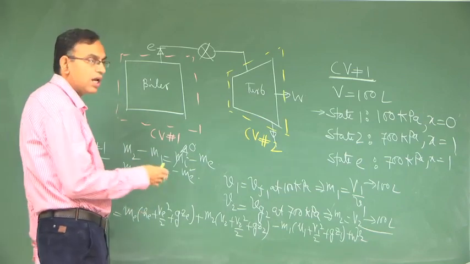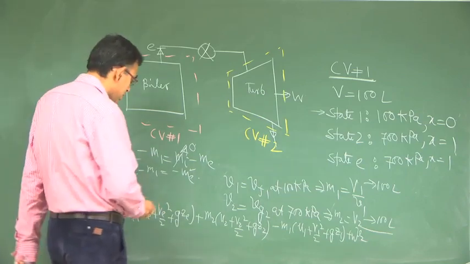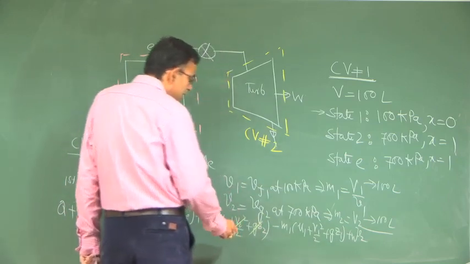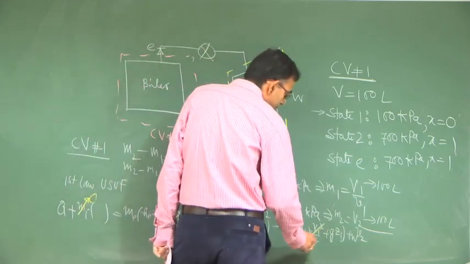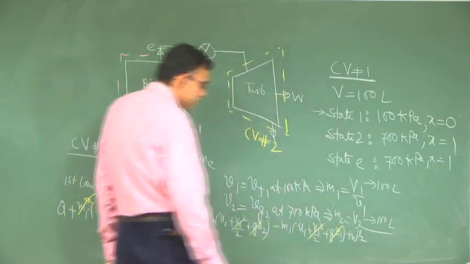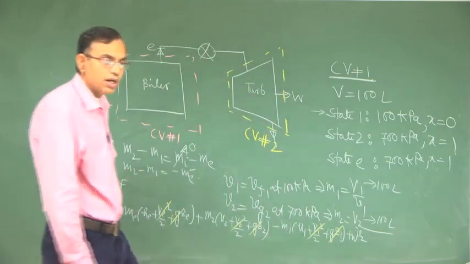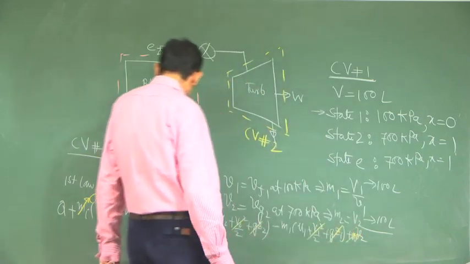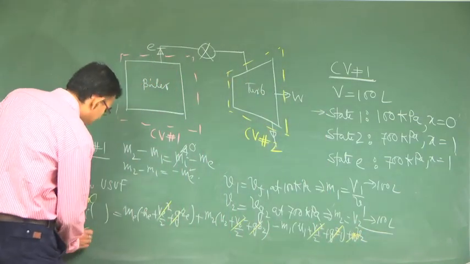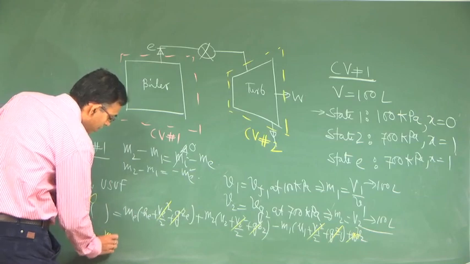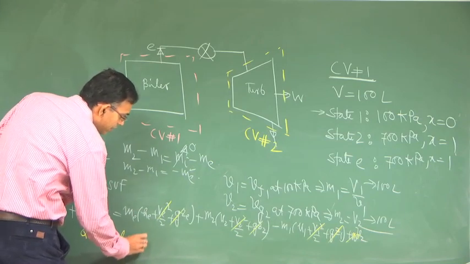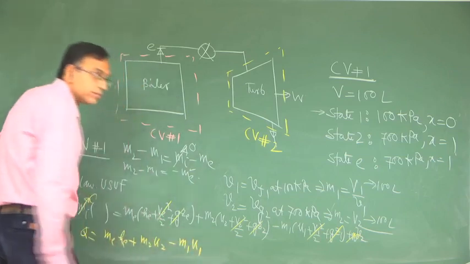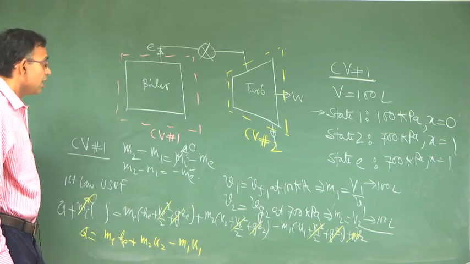For the boiler, kinetic energy and potential energy changes are negligible, and thermal energy changes are more important. There is no work done for the boiler. So, Q becomes MeHe plus M2U2 minus M1U1, right.